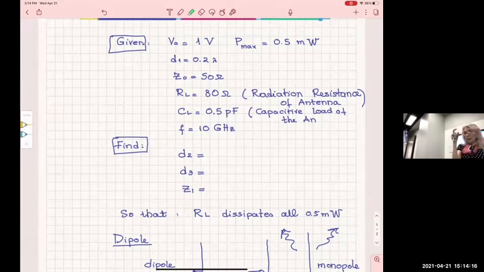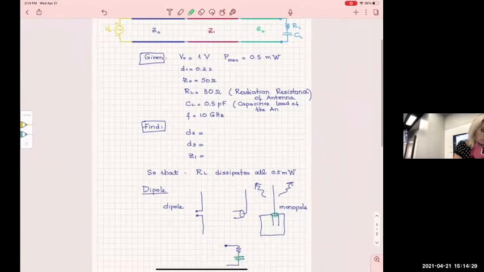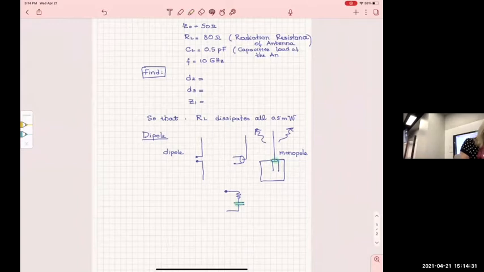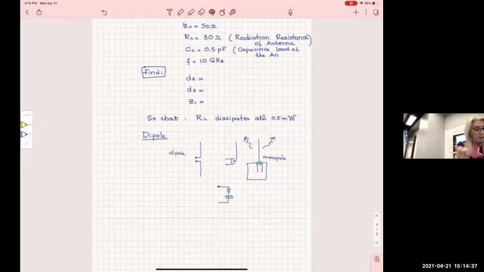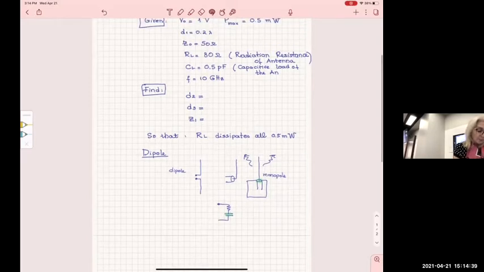We saw how the charges go around the surface of the inner conductor and then the outer conductor creating a capacitance. So the capacitance is given to you, so you can get a sense of why you have a capacitance in an antenna.